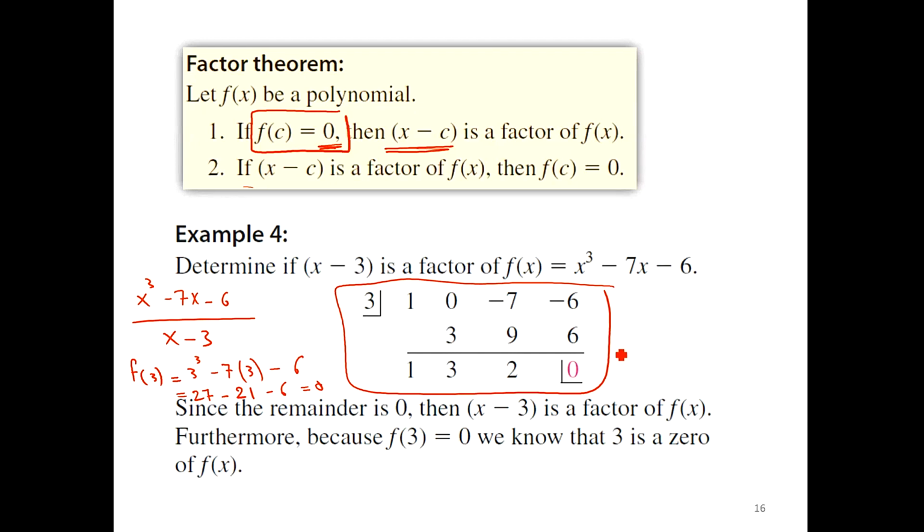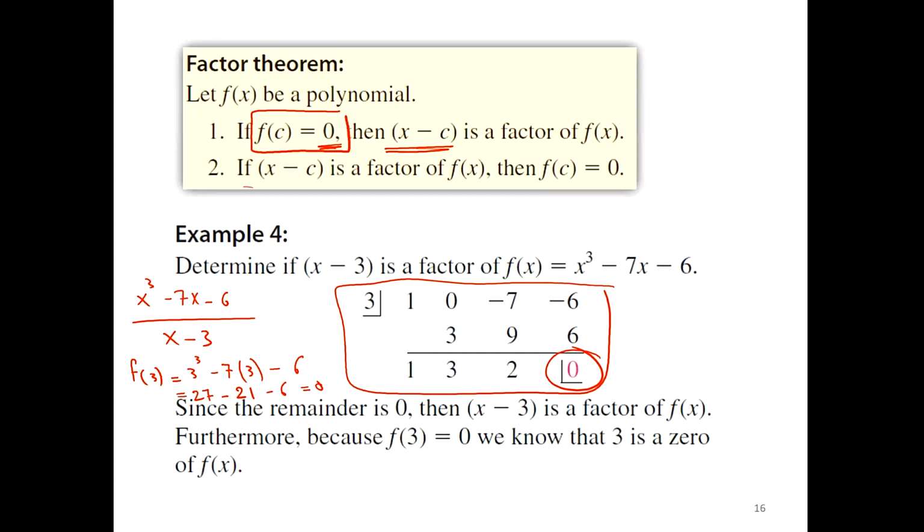So we can determine whether x minus 3 is a factor or not by substitution only, and we don't need to use synthetic division. We can determine the factor in two ways: by synthetic division with remainder 0, or by substituting the 3 in f of x.